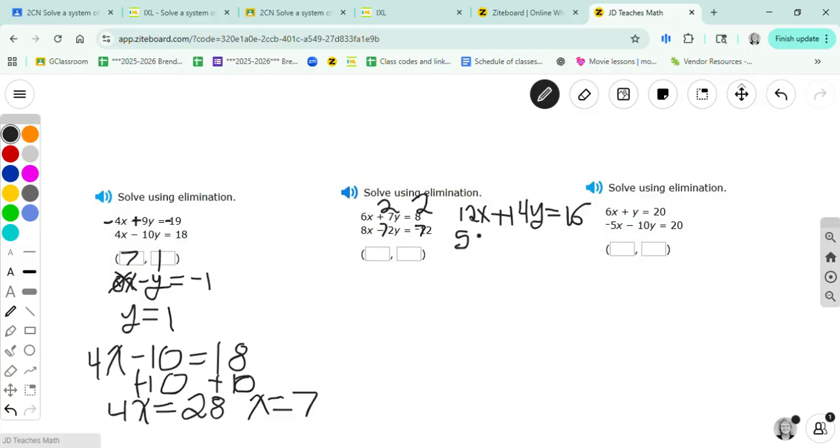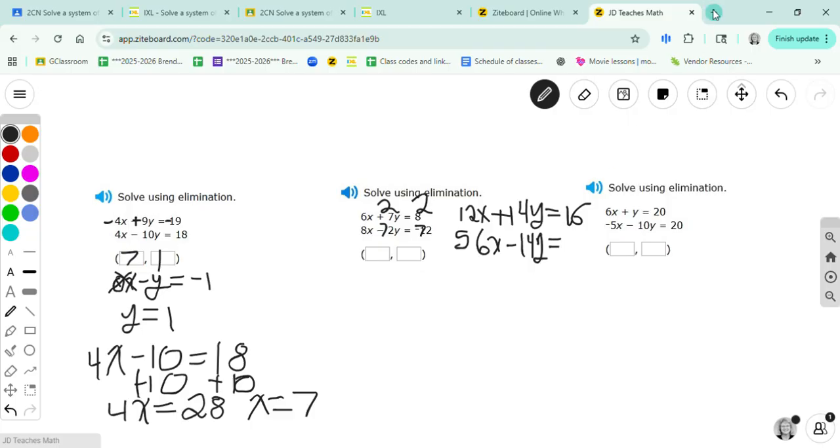So we've got 56x minus 14y. Twelve times 7, well, that's 49 plus 14, which is going to give me 60. 63, I believe.